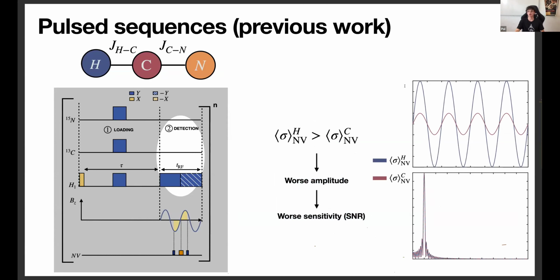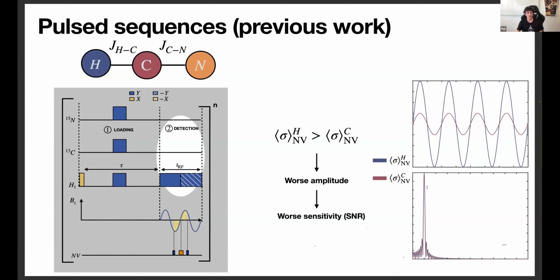Here the blue signal corresponds to the one measured through the hydrogens, while the red one corresponds to the one measured through the carbon. Notice that they have the same frequency, but the amplitude of the carbon is much lower. So the Fourier transform of these two signals actually gives the same peak.